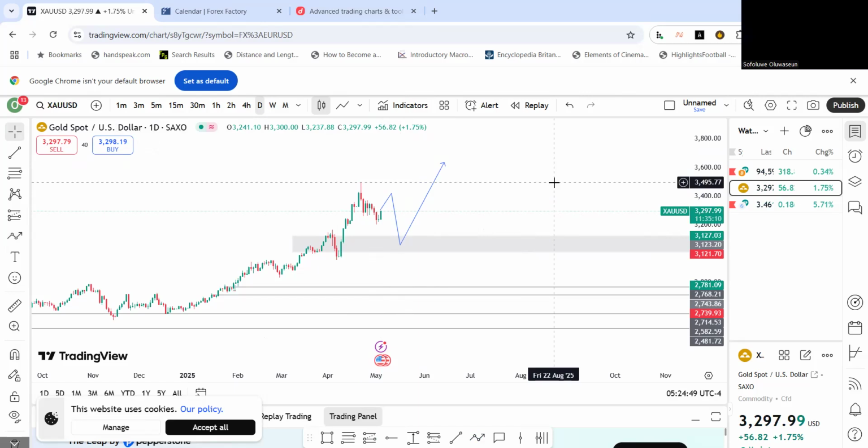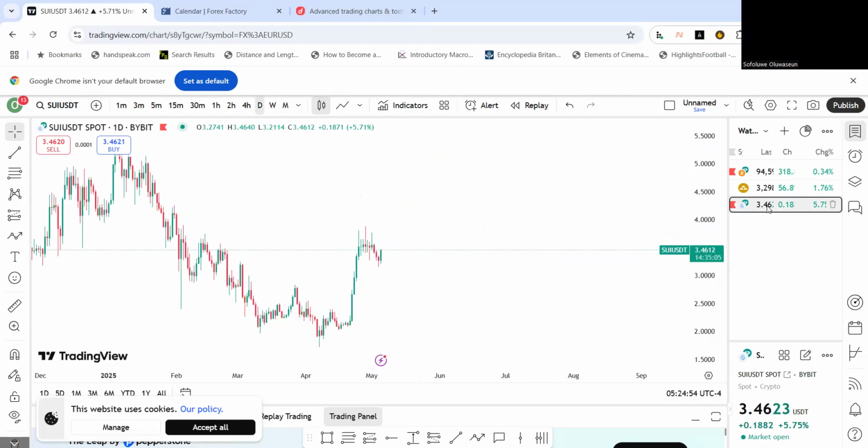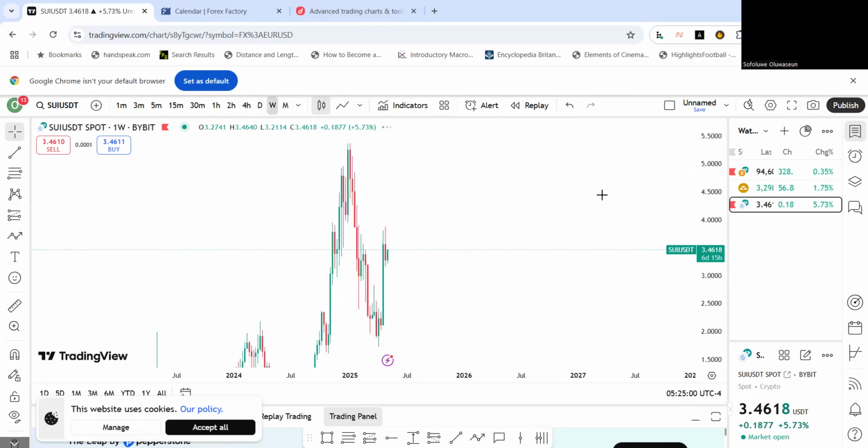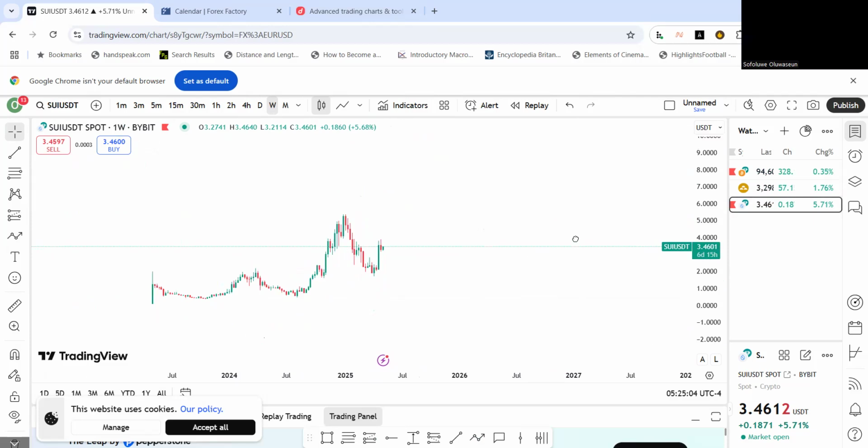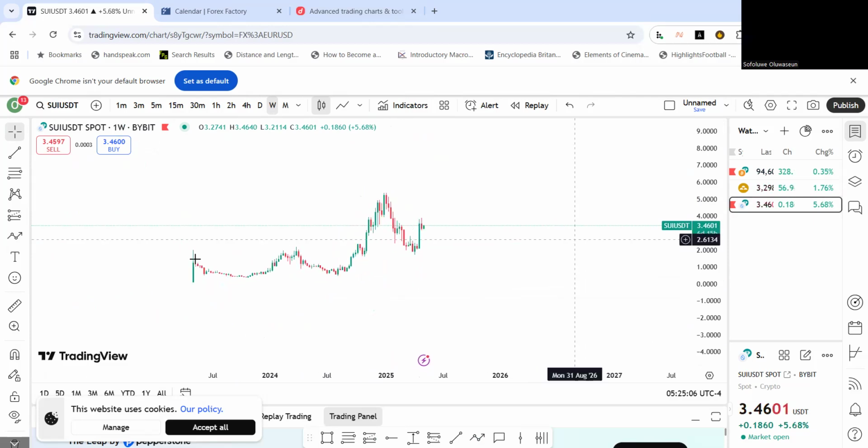Okay, so let's check another asset. This is SUI USDT, that's another crypto. So on the weekly, you can see it's not been long. SUI was listed in May 2023.